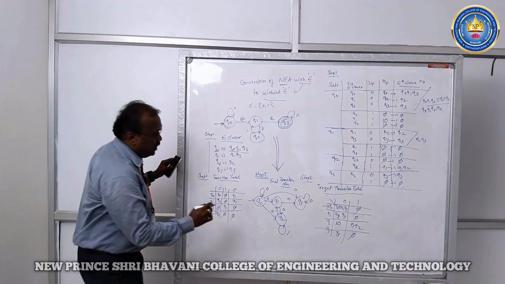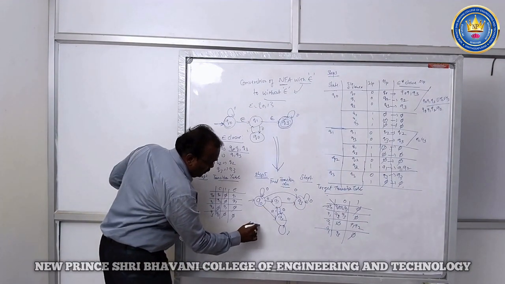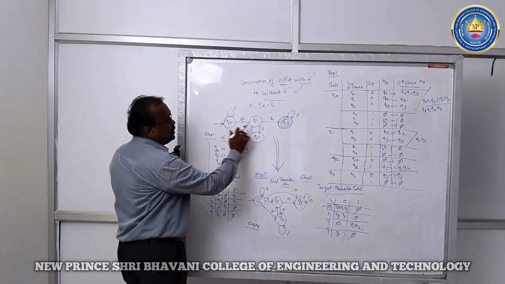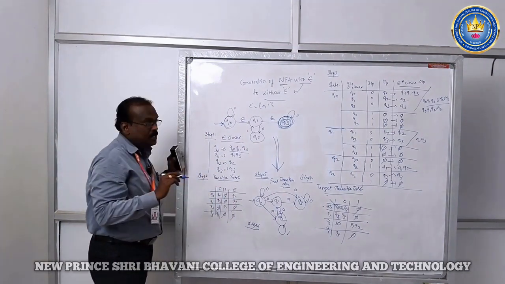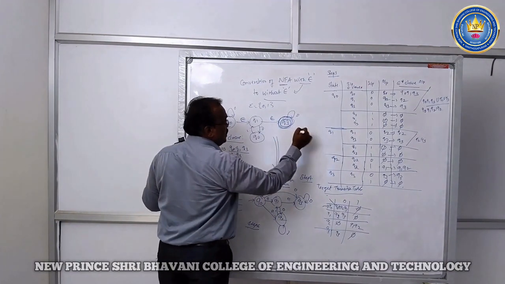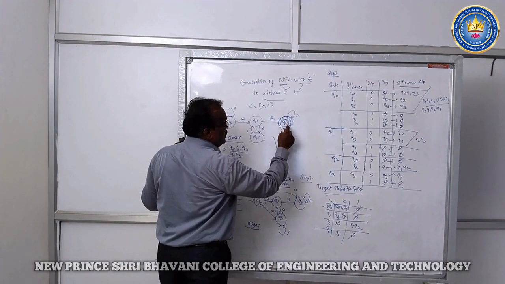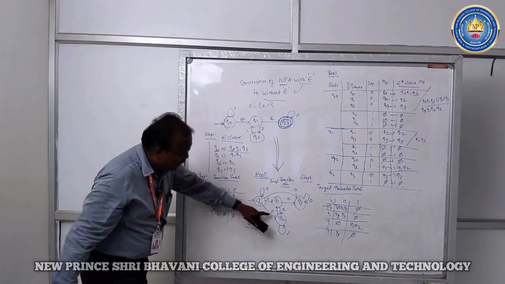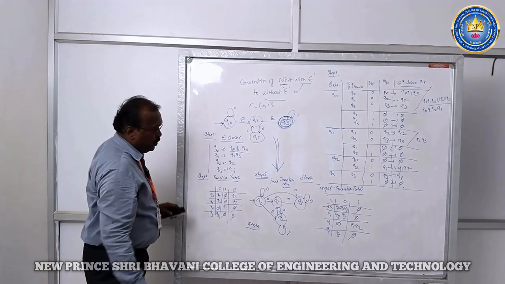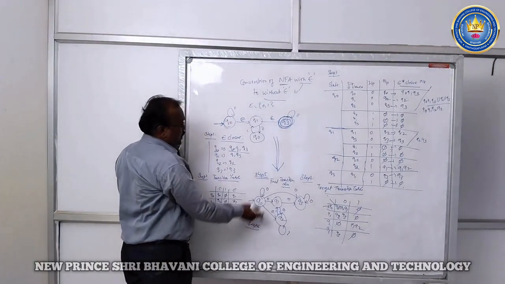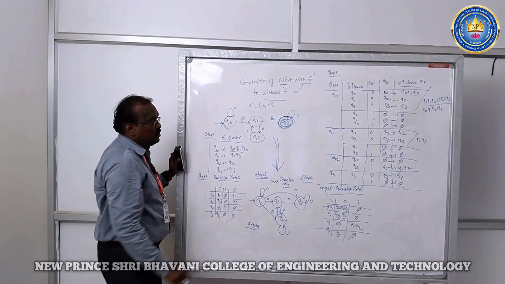Now there is a final step, step number 6. Here you can see that Q3 is a final state. A final state is indicated by a double circle, so that state represents a final state. Now we have to represent the final state here also. Step 6 is with respect to the epsilon path.